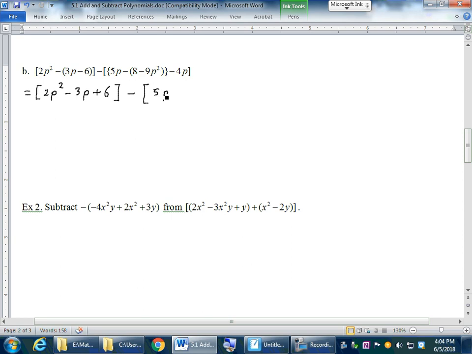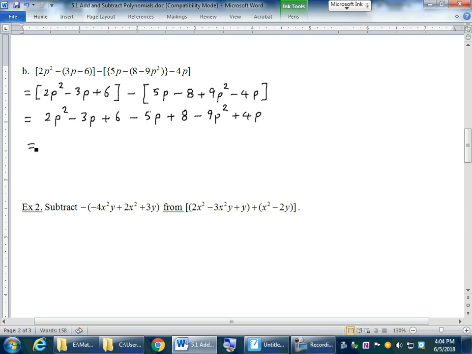Distributing that negative sign will be minus 8 plus 9p squared minus 4p. Now you can continue this distributing. Dropping out the brackets, it'll be 2p squared minus 3p plus 6. Distributing the negative, it will be minus 5p plus 8 minus 9p squared plus 4p.